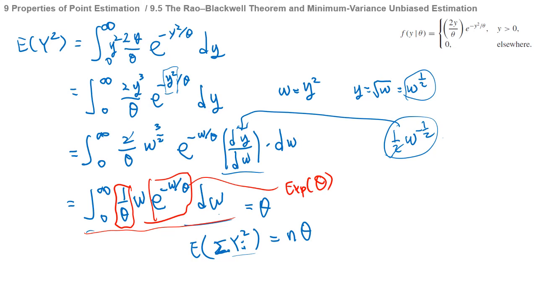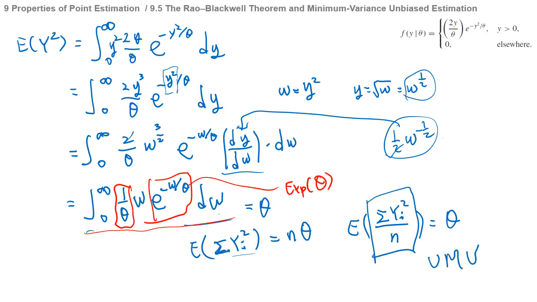So what we can do is that the expected value of the sum of yi square divided by n should be theta, and so this one should be our UMVUE, uniformly minimum variance unbiased estimator, actually MVUE. Okay, so this is our MVUE, and this is the end of the solution.